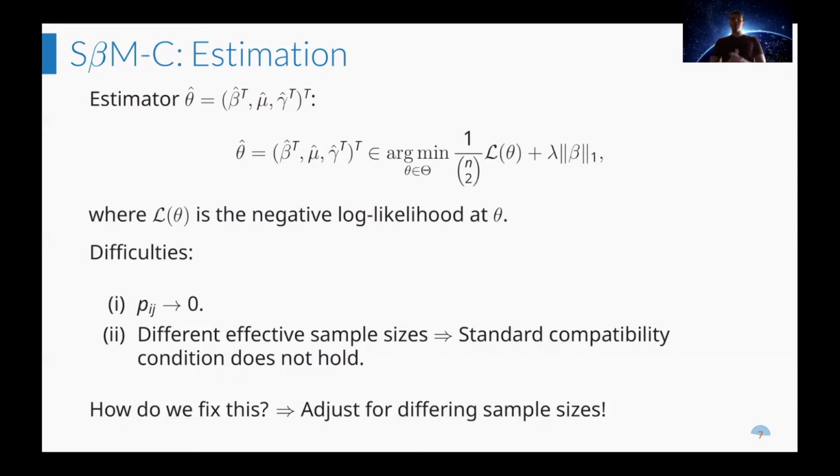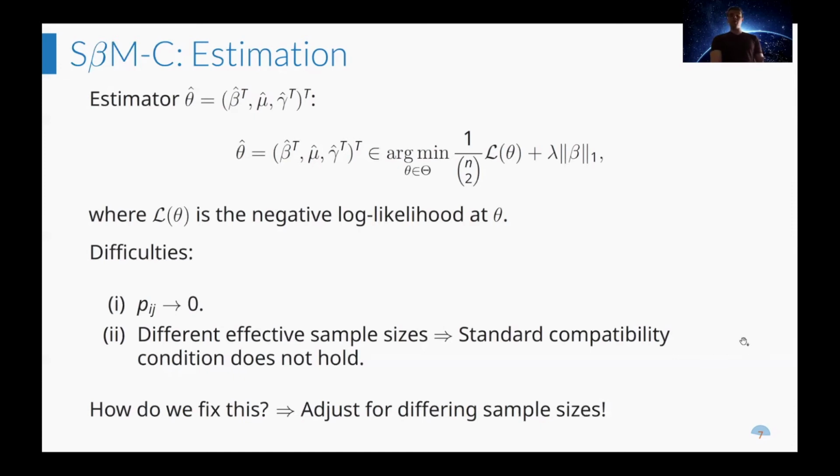The result of this is that the standard compatibility condition, which is crucial in standard lasso theory to prove consistency, does not hold in our model. To fix this, we need to adjust for different sample sizes. I have the exact conditions on the next slide, and I invite you to pause the video for a moment to read through it.